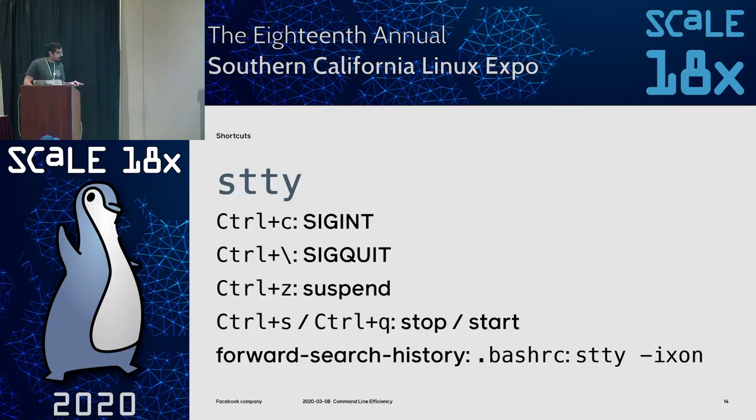Control-S and Control-Q start and stop the actual serial connection. This is about rate control in a serial connection. I don't find these to be useful at all in modern-day terminals. They exist for historical reasons, but the important mention here is that Control-S conflicts with the history searching from a few slides ago.